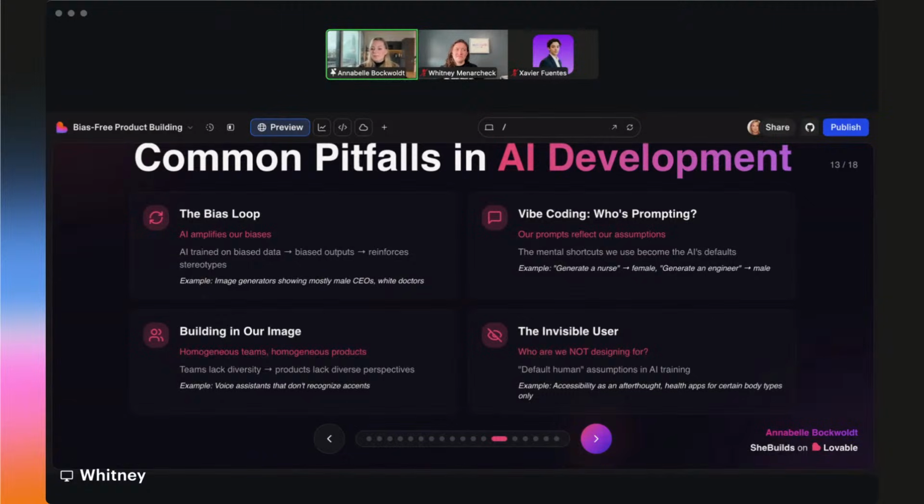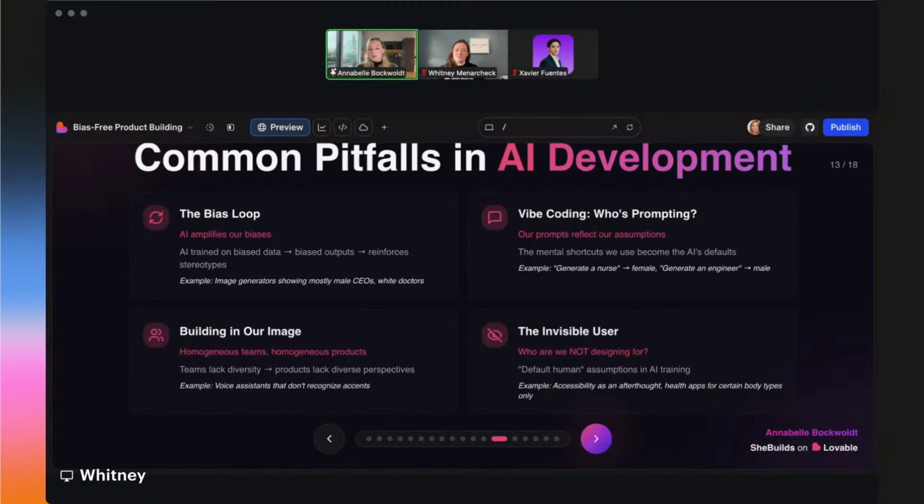Because you might not know whom you have forgotten. So try to get your team as diverse as possible, which is already leading to the other point, the invisible user. Who are you not designing for? If you have a very homogeneous team, it's very difficult to think of everyone.